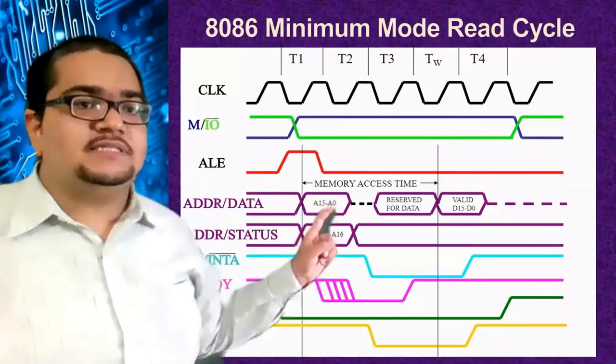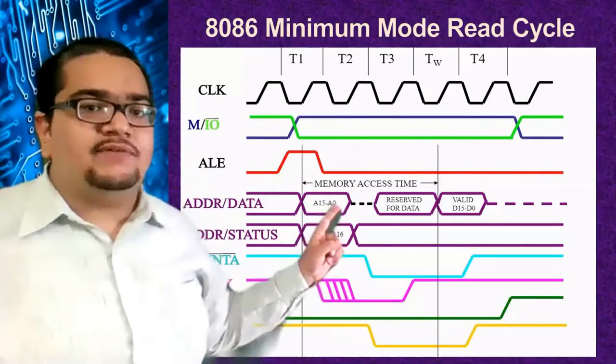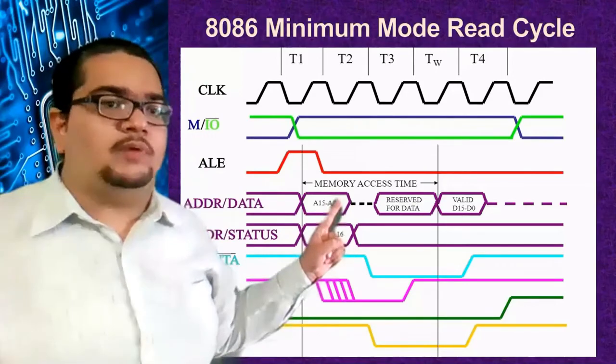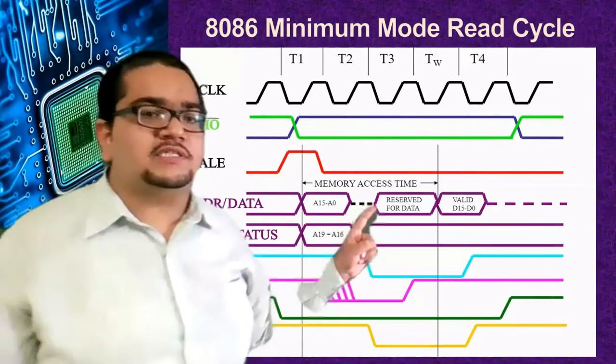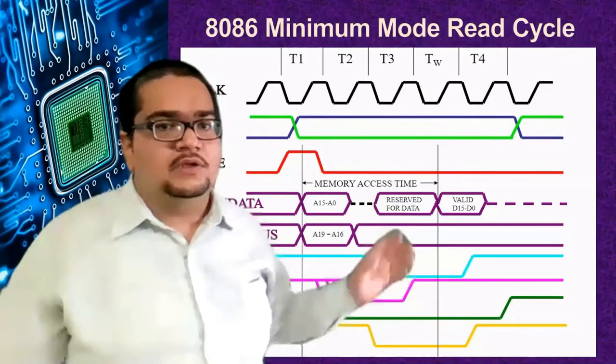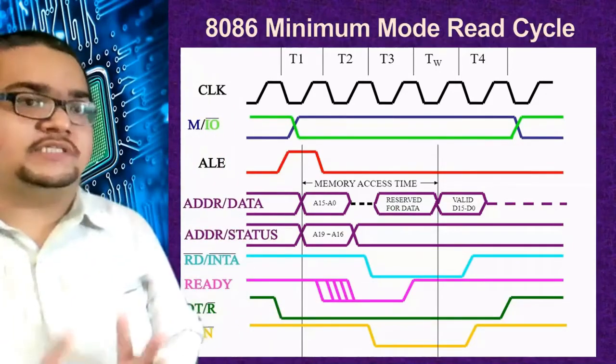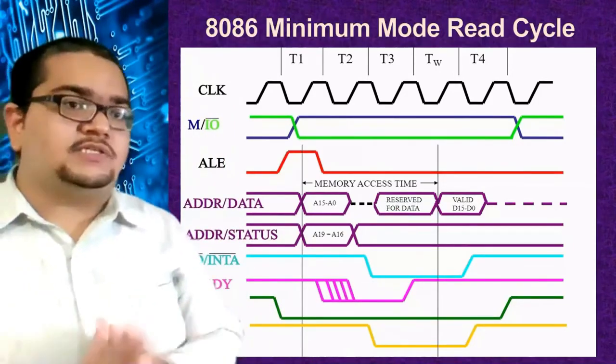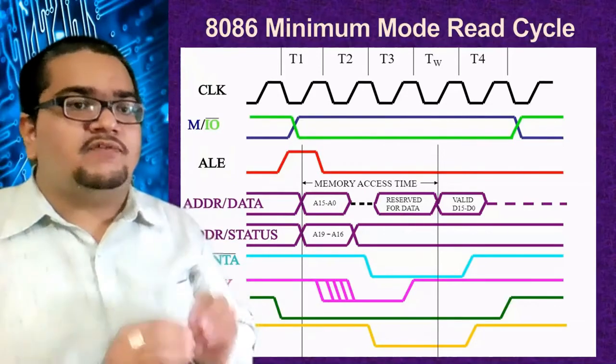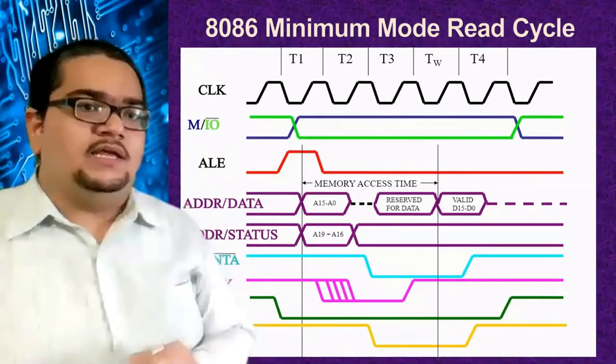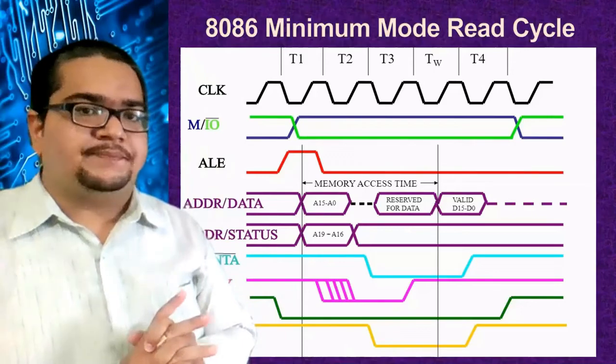Even when it is erased from here, there is no problem. The address will be erased on these lines, then it will have data on it. So the address is lost on these lines, but it is not lost by the system. In the system, it is preserved in the latches.